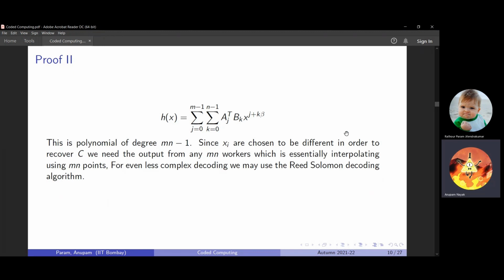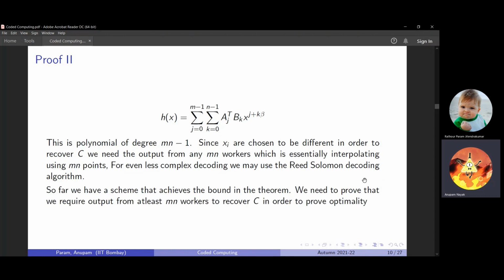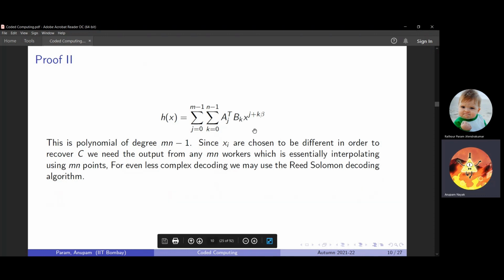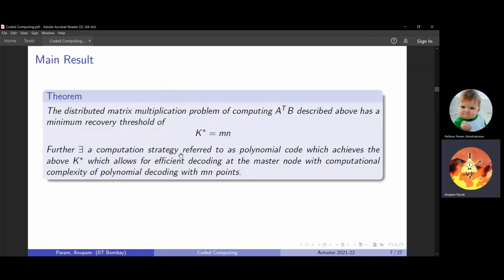So we would like to perform polynomial interpolation and recover this product C_i. Otherwise, we could also use any Reed-Solomon decoding algorithm, and that naturally happens to be the faster way to do it. So far we have shown that there exists a scheme which attains this mn threshold.